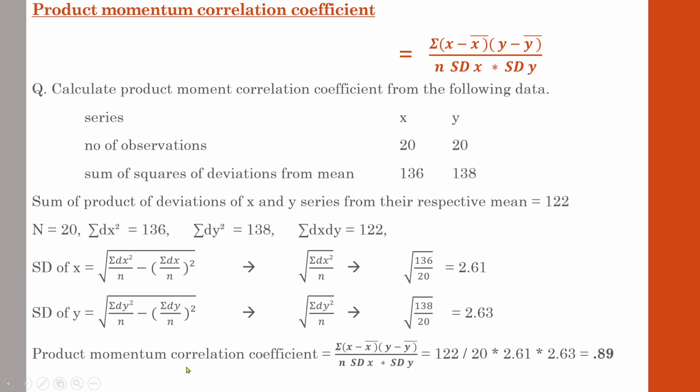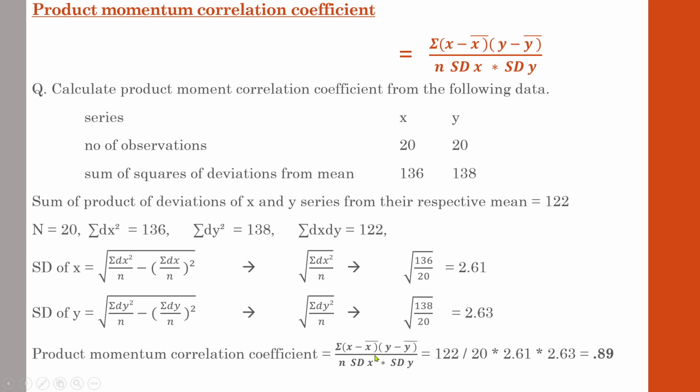and the product moment correlation coefficient equals sigma of x minus mean into y minus mean, divided by n into the standard deviation of x into the standard deviation of y. Regarding the numerator, you may be confused that there is no information regarding x minus mean and y minus mean.